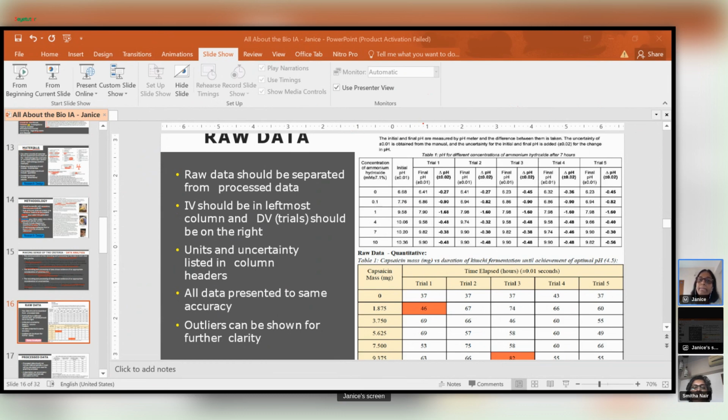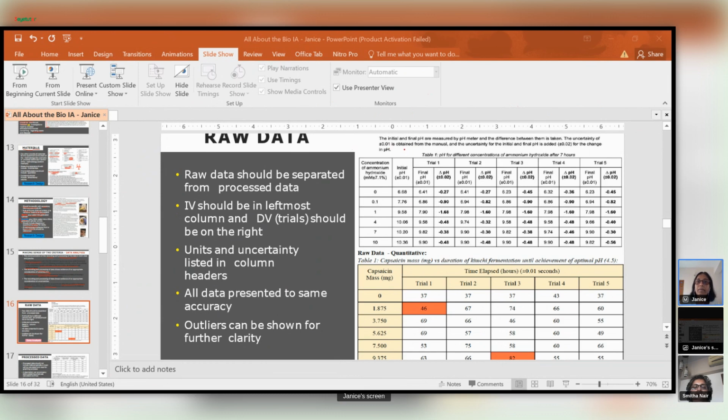Got it? You can ask questions if you don't understand. See, how do we calculate difference? We calculate the difference as final minus initial, correct? So we have 6.41 minus 6.68.